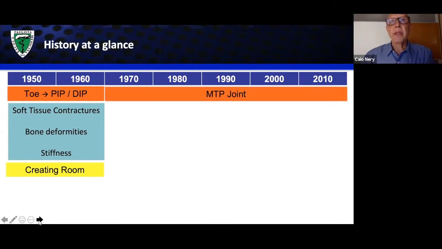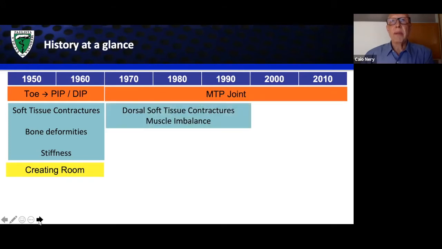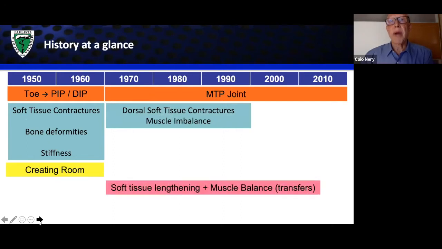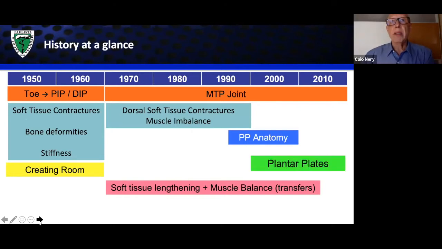In the 70s, attention turned to the MTP joints and to the role of muscle imbalance in the genesis of the deformities. Surgical treatment was based on soft tissue releases and tendon transfers. In the middle 90s, the plantar plate anatomy studies were deepened until 1998, when Ford and colleagues suggested for the first time in the literature the plantar plate direct repair as an option for the treatment of the crossover toe.